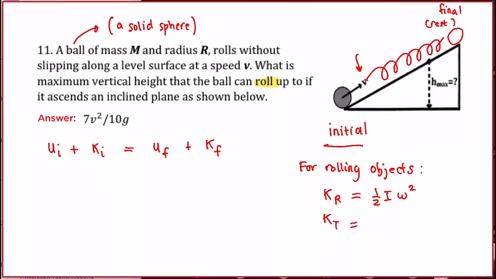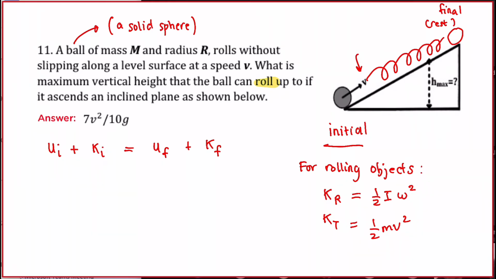Yes, Muhammad Nasser, you're raising your hand. What is translational kinetic energy equal to? Half m v squared. All right, that's 1/2 m v squared, where m is mass and v is your velocity. Since our object is rolling in this case, our kinetic energy comes in two forms: rotational and translational.